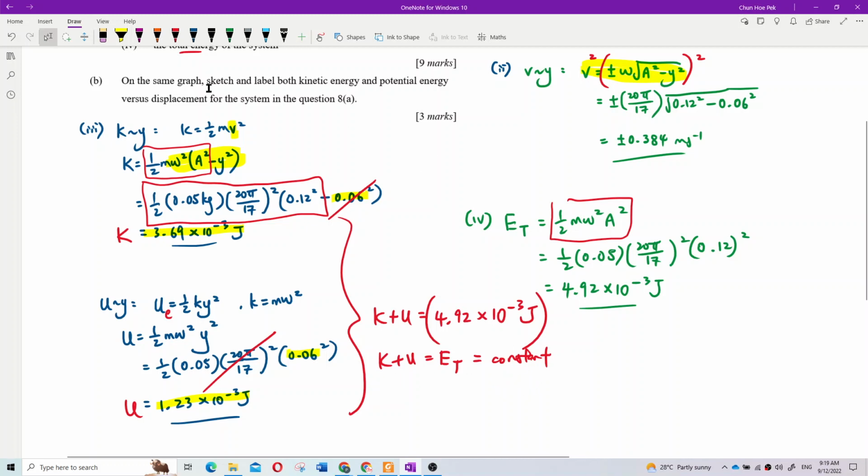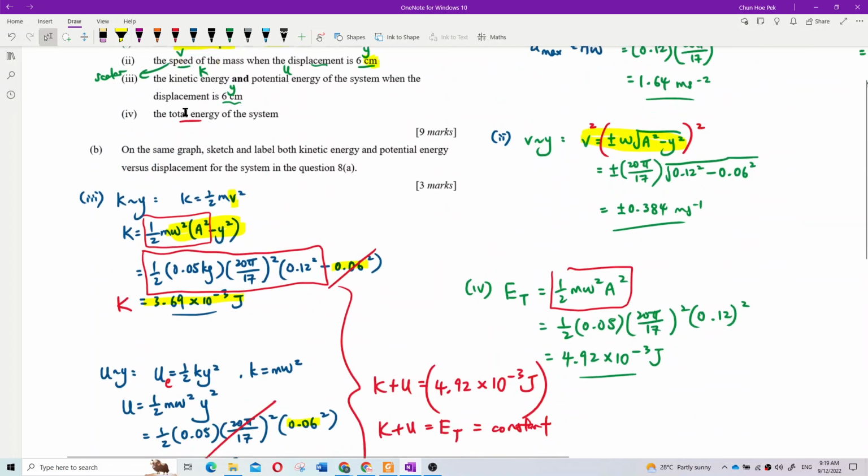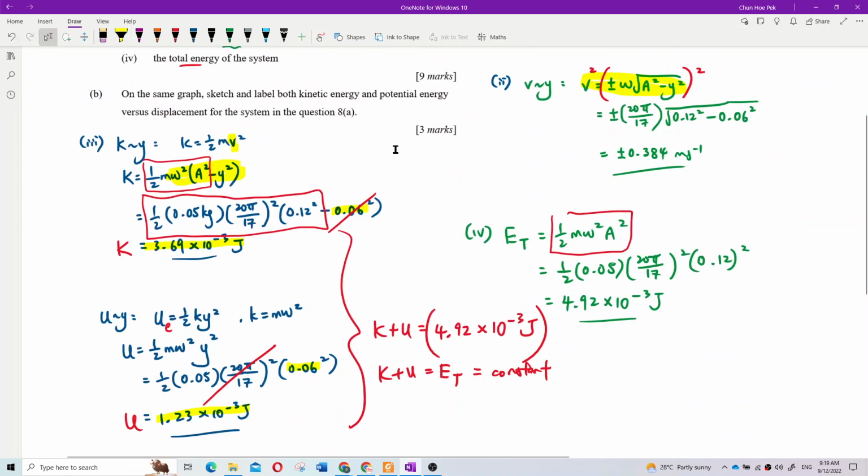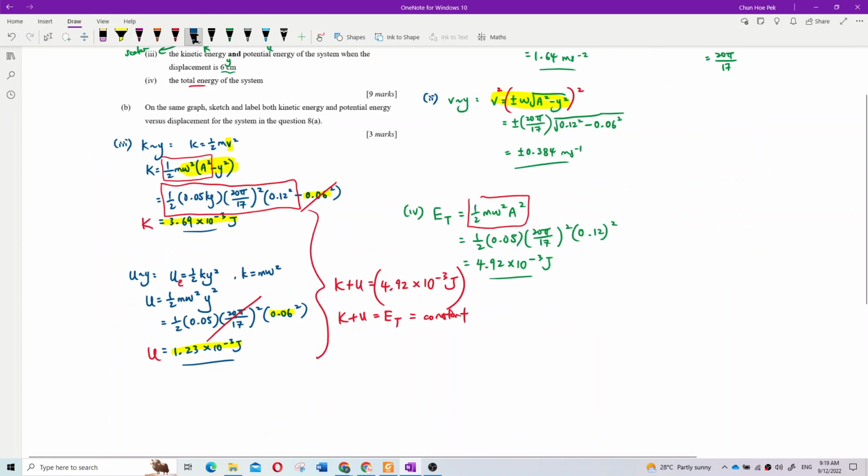Okay. Draw on the same graph, sketch and label both kinetic energy and potential energy versus displacement. This graph is already inside the notes, but you must label. The important thing is not just sketch, you must also label.